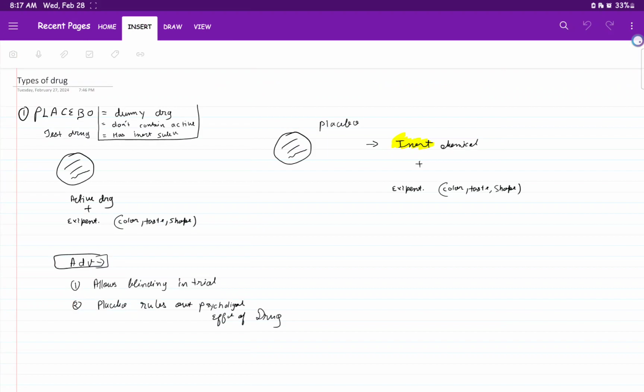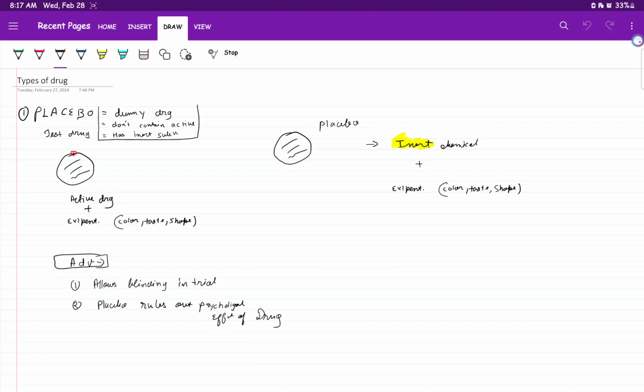Types of drugs. Number 1, placebo. Placebo is a dummy drug. It does not have the active drug. Normally the drug is active drug plus excipient, color, taste, shape.